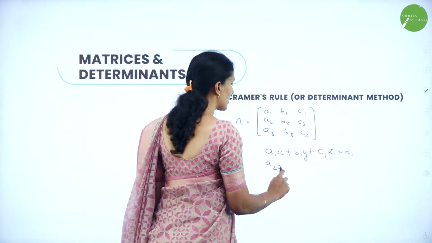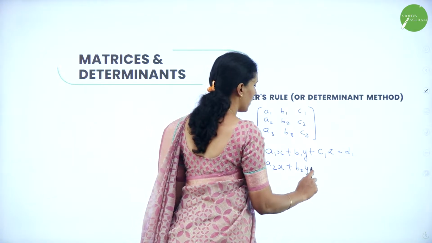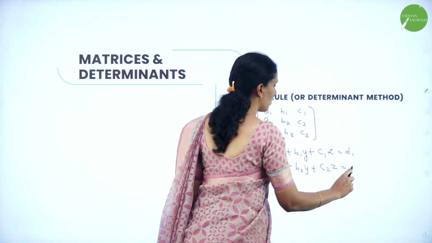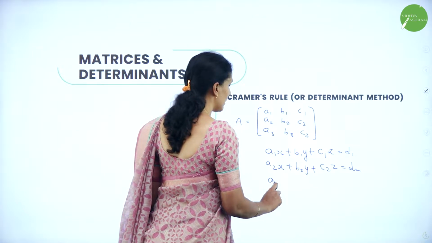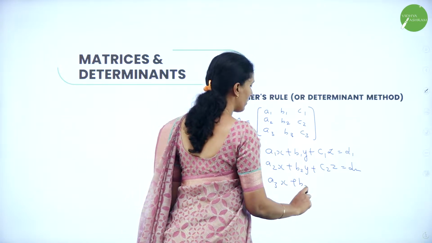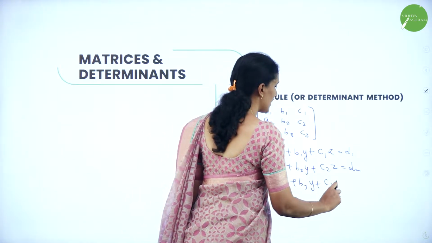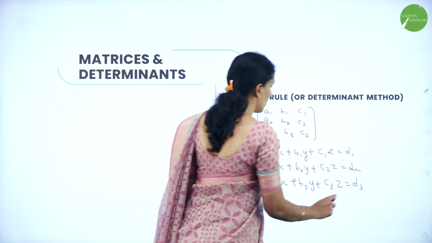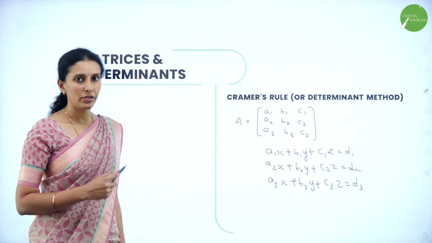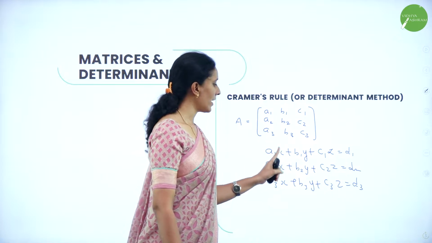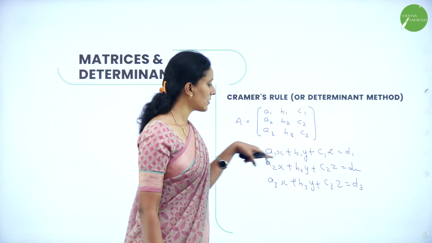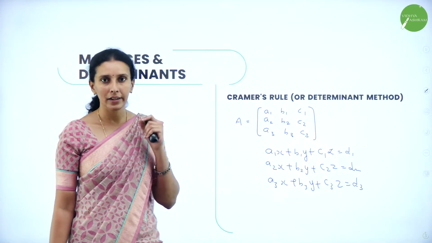Similarly, A2x plus B2y plus C2z is equal to D2, and A3x plus B3y plus C3z is equal to D3. So these are the coefficients of the variables x, y, z, and these are all simultaneous linear equations.